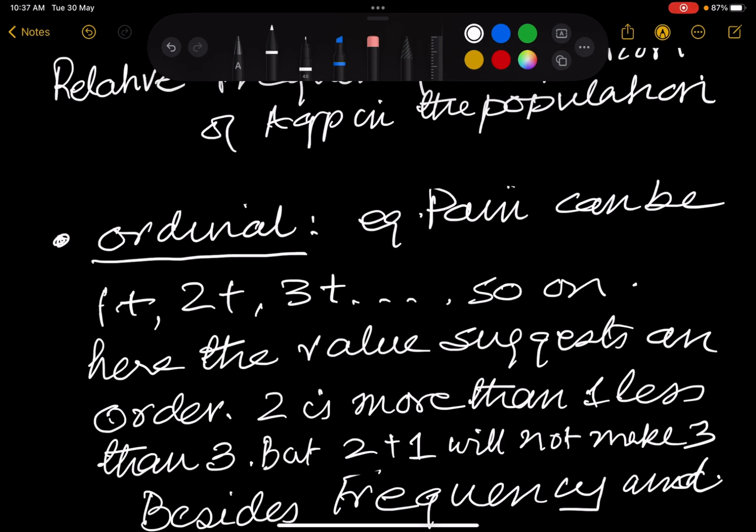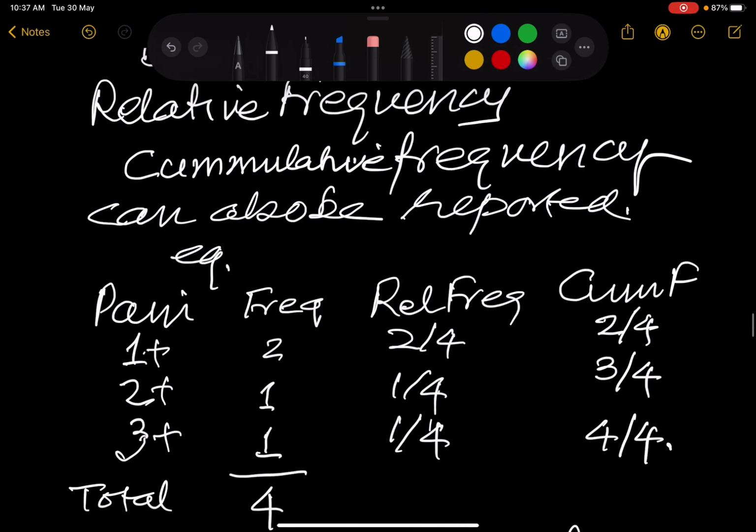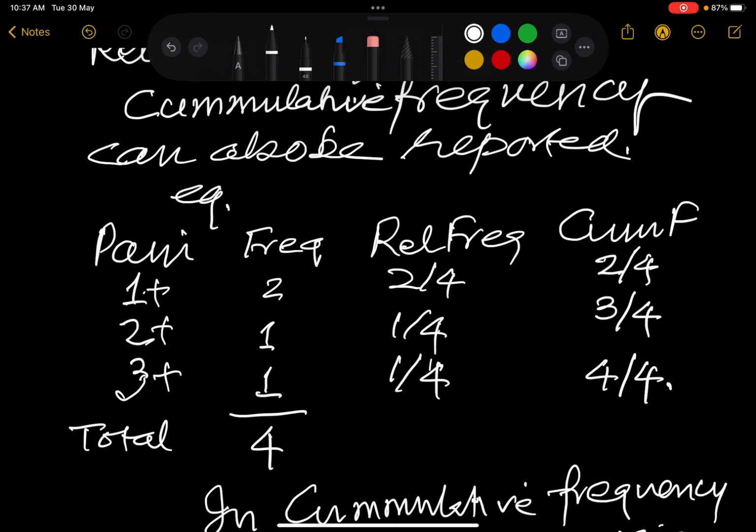Then there are ordinal variables. For example, pain can be 1 plus, 2 plus, 3 plus. Here the value suggests an order. 2 is more than 1, less than 3. But 2 plus 1 will not make 3. So besides frequency and relative frequency, here you can also report the cumulative frequency. For example, 1 plus, 2 plus, 3 plus, here you see. Then you say 2 had 1 plus, 1 had 2 plus and 1 had 3 plus.